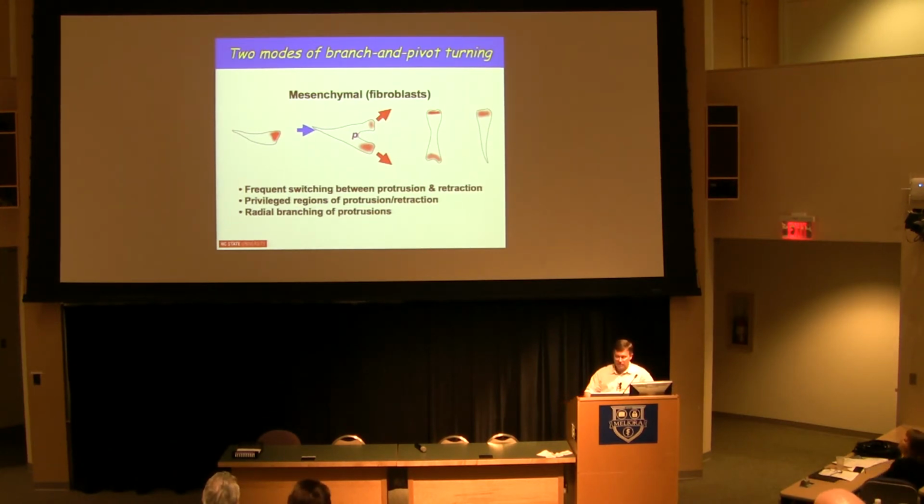So in mesenchymal cells, you see frequent switching between protrusion and retraction. So it doesn't have a committed polarity at all, really. You see privileged regions of protrusion and retraction. And for those reasons, what you see is a radial branching, okay?